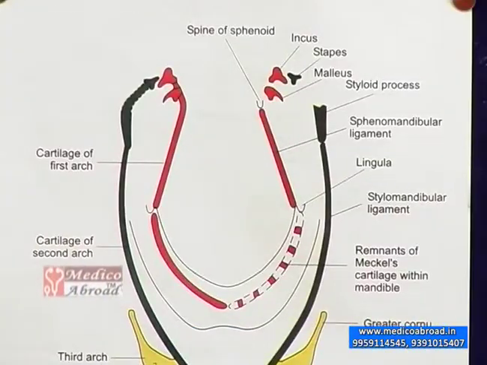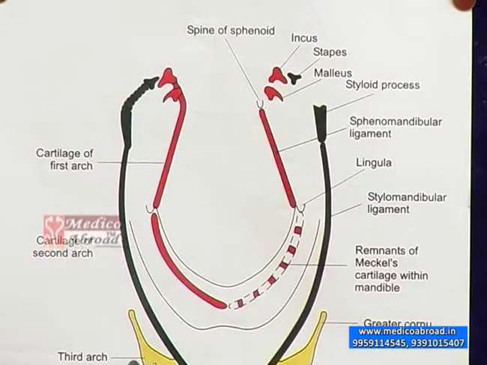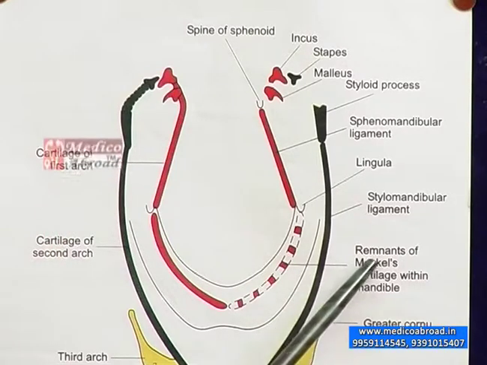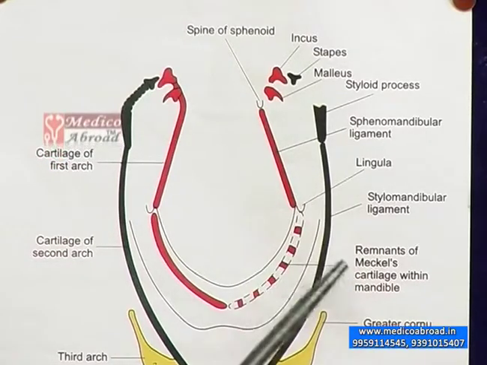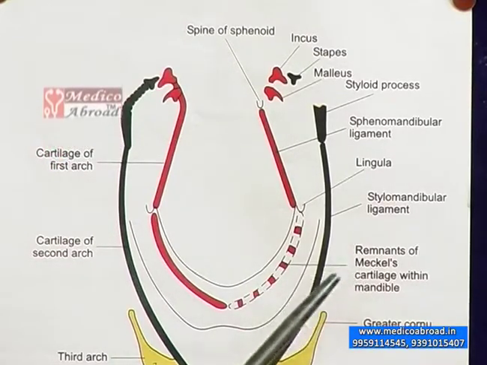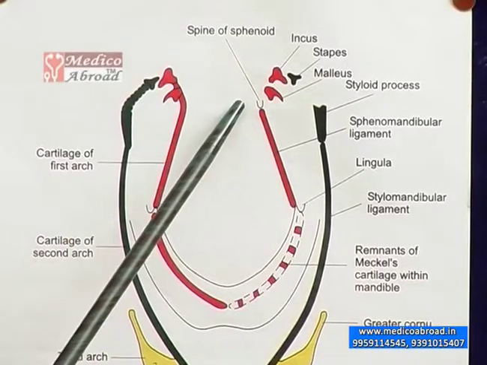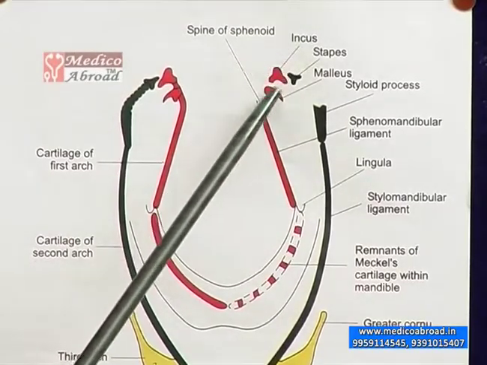Let's now look at the derivatives of the skeletal elements from each of these mesodermal thickenings. The cartilage of the first arch is called Meckel's cartilage. The dorsal end of the Meckel's cartilage, that is this part, gives rise to the incus.